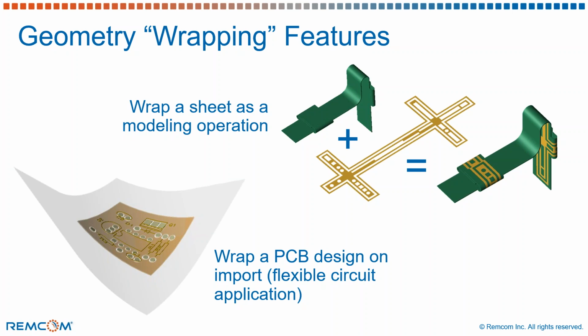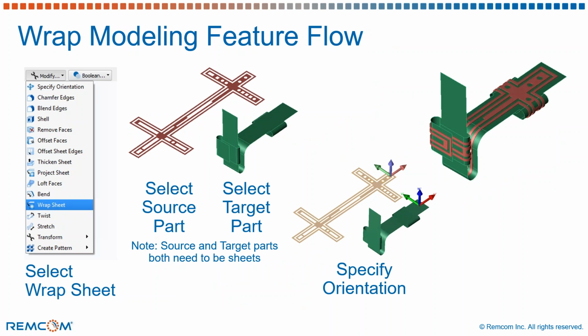So just real quickly, what are the workflows for that? For the wrap feature, you go under the Modify button in the geometry view and say, I want to wrap a sheet. The next thing you'll need to do is select what the source part is, or what it is that you want to wrap.